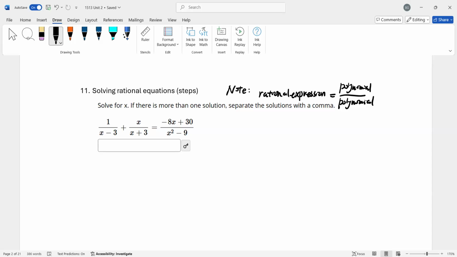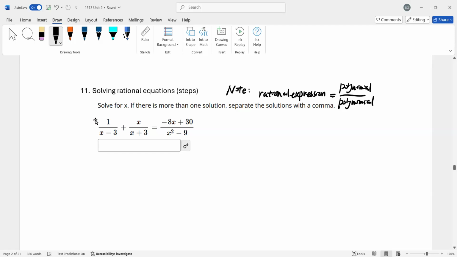And what do we have as the quotient? A rational expression. A rational expression is the quotient of 2 polynomials. I think it will be great if you can understand and remember this concept.